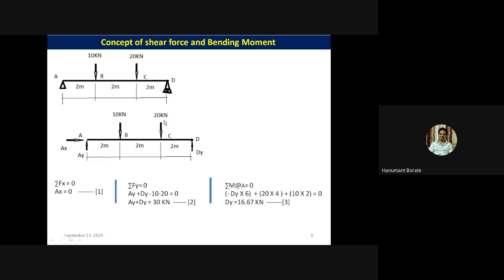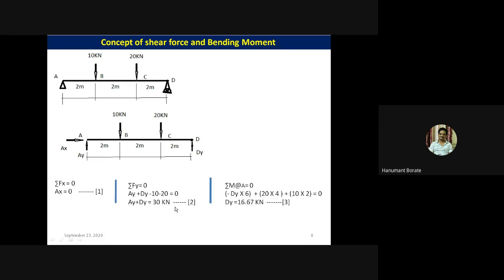Now moment of this 20 kilonewton force is 20 into 4, and this is also a clockwise moment, so I have taken it positive. Moment of this Dy force is Dy into perpendicular distance of 6 meter, but this moment acts in an anti-clockwise direction, so I have taken it negative. So Dy equal to 16.67 kilonewton.